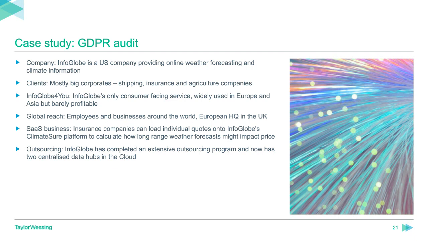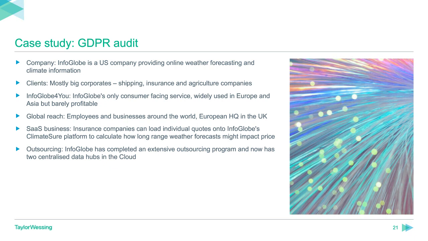Clients that it has are mostly big corporates, shipping, insurance, and agricultural companies, those that rely on that sort of data input for their everyday business activities. Infoglobe for You is Infoglobe's only consumer-facing service. It's widely used in Europe and Asia, but barely profitable. So obviously there'll be some strains around any expenditure in relation to that particular business.